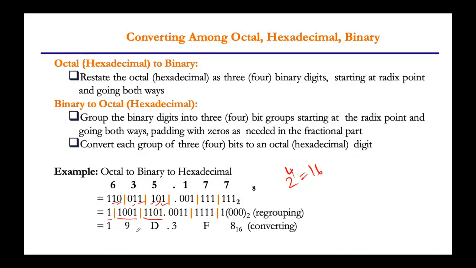Only thing is, when converting into hexadecimal, you get 4 bits, 4 bits, and one bit is left, so the remaining 3 bits will be filled with zeros for regrouping. Then it gives the values 1, 9, and D.